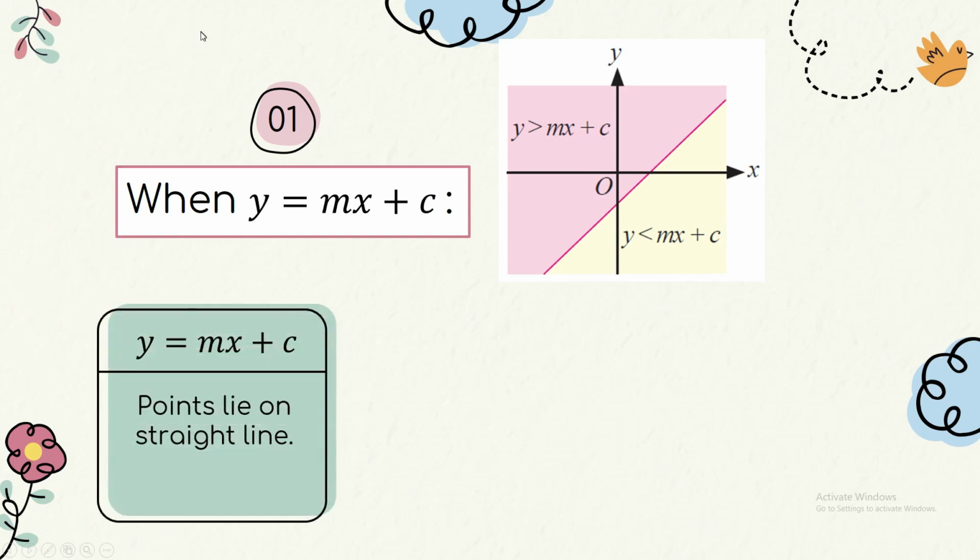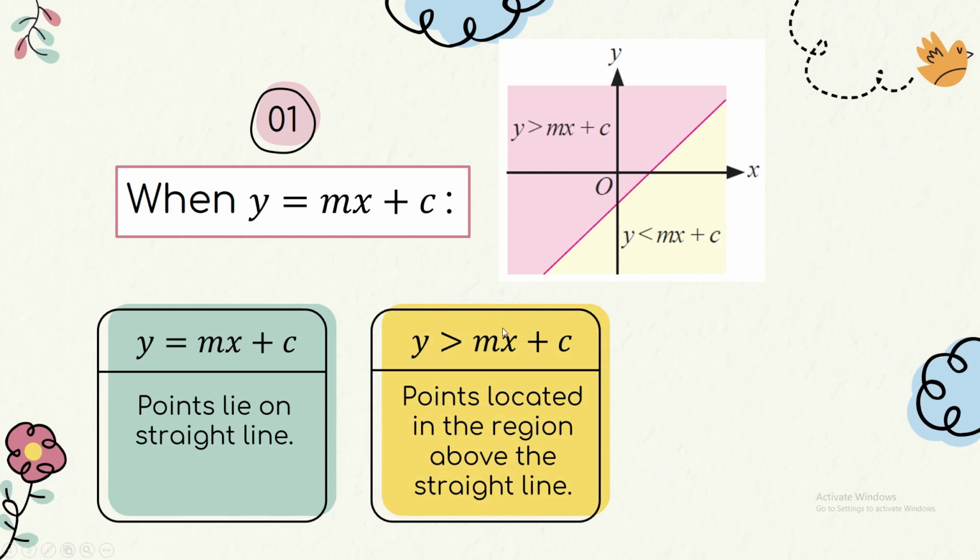When y equals mx plus c, the point will lie on the straight line. Next, y higher than mx plus c, where the points are located in the region above the straight line.